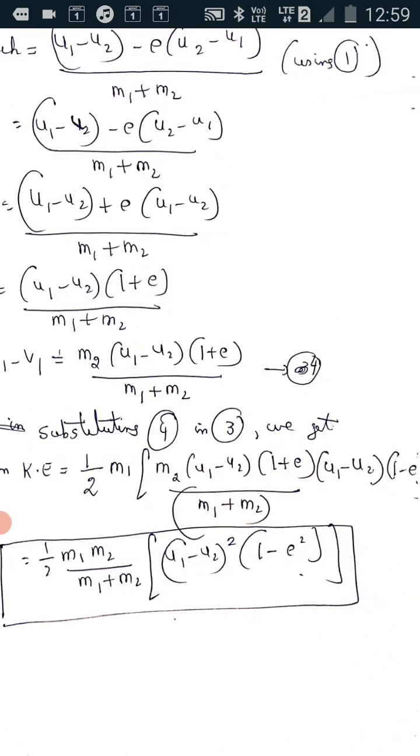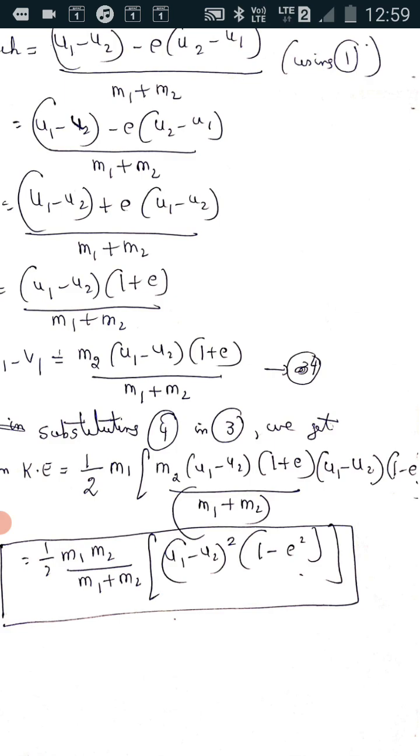I will get half m1 m2 by m1 plus m2 into u1 minus u2 the whole square into 1 minus e square, because 1 plus e into 1 minus e can be written as 1 minus e square, and u1 minus u2 into u1 minus u2 can be written as u1 minus u2 whole square.